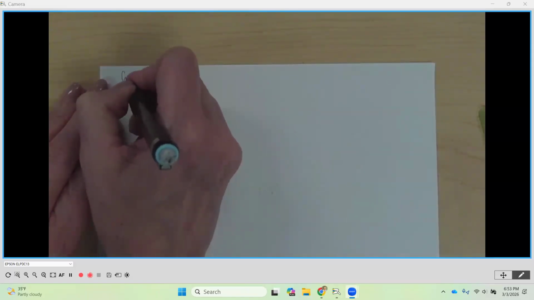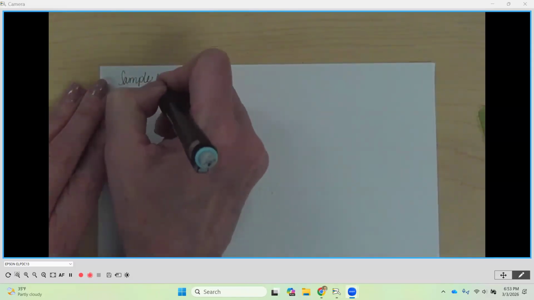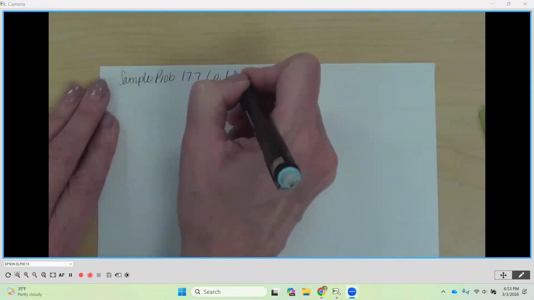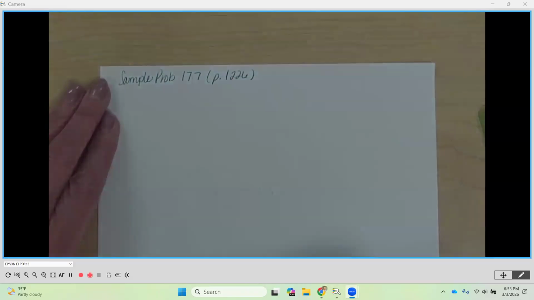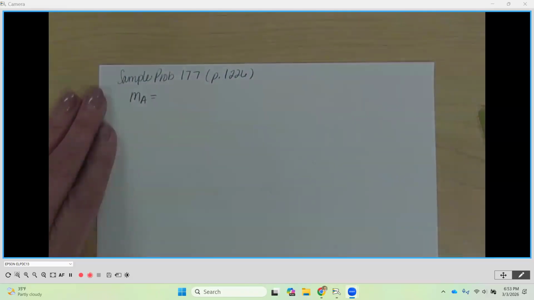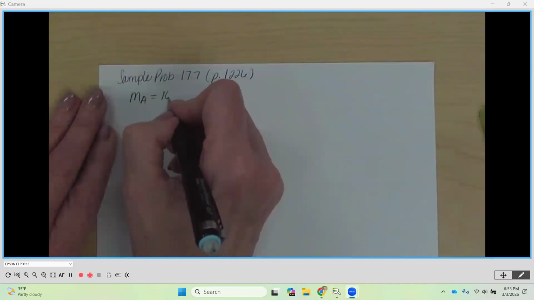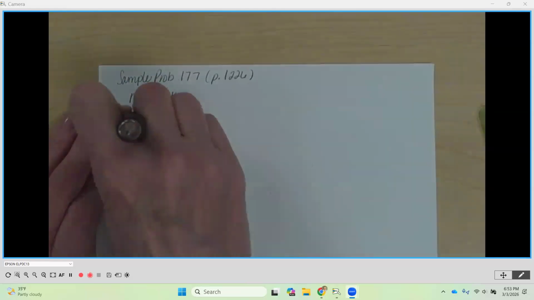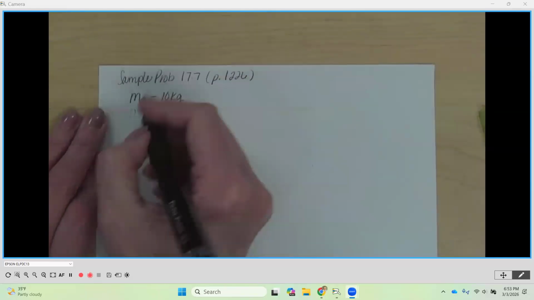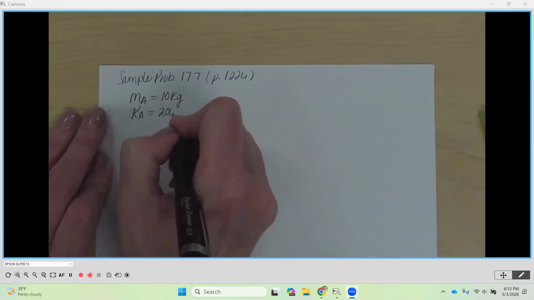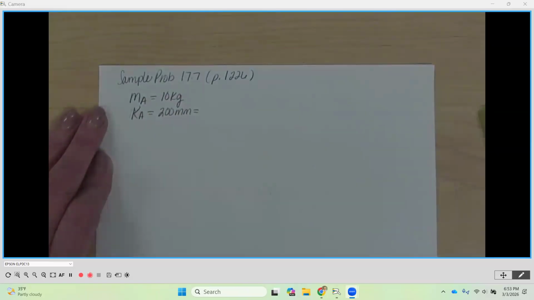So this is sample problem 17.7 on page 1226. Mass of gear A was given to us at 10 kilograms. The radius of gyration of gear A was 200 millimeters, but we know that we're going to have to put that into meters.